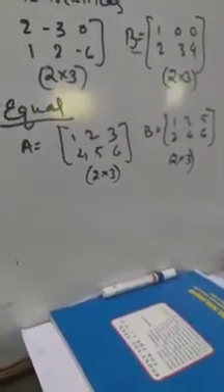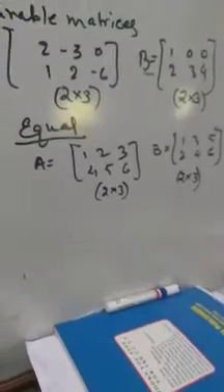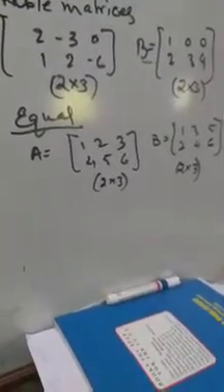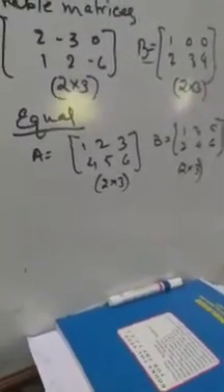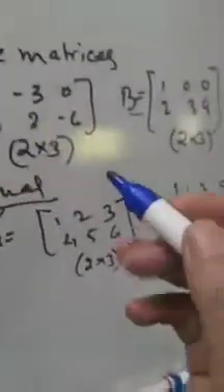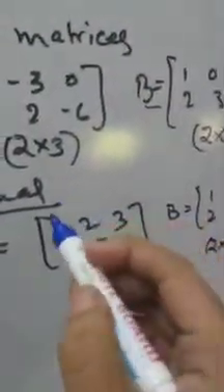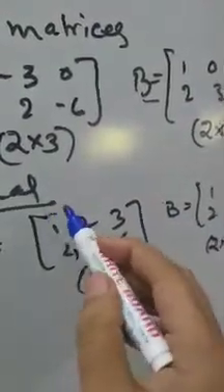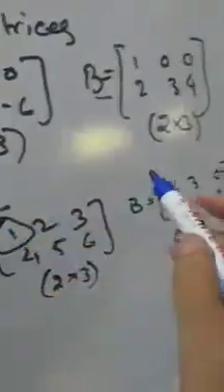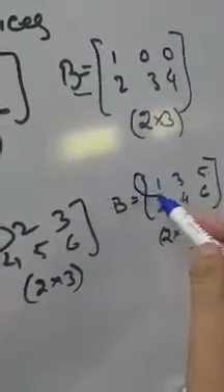For that I will check the individual elements. All the elements are the same here, 1 2 3 4 5 6, and there also 1 2 3 4 5 6. But are the matrices equal? The answer is no. Why? Because since they are comparable, we check the corresponding elements. First row first column element of A is 1, and of B is 1.